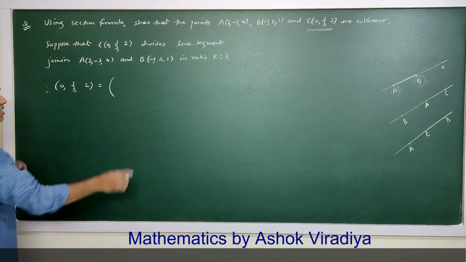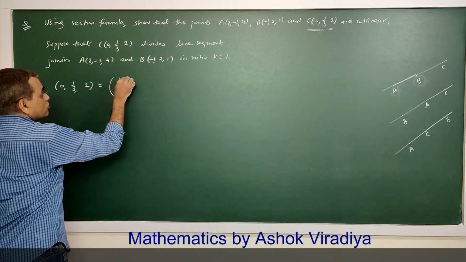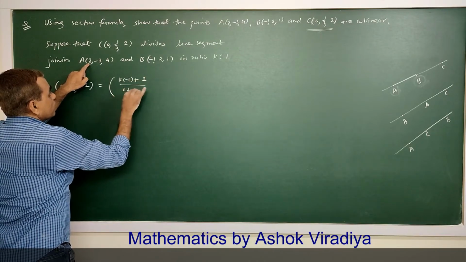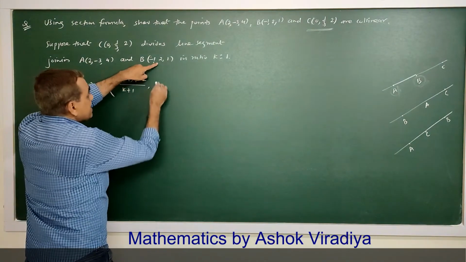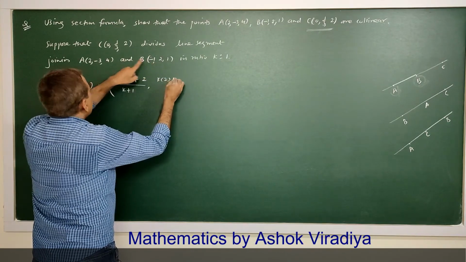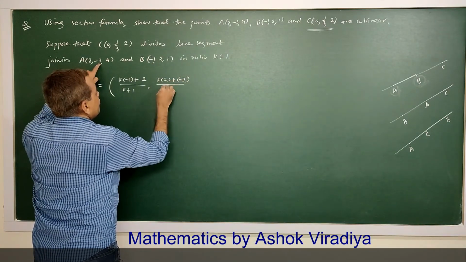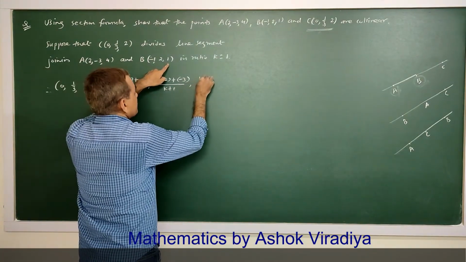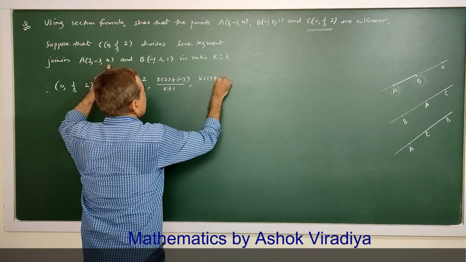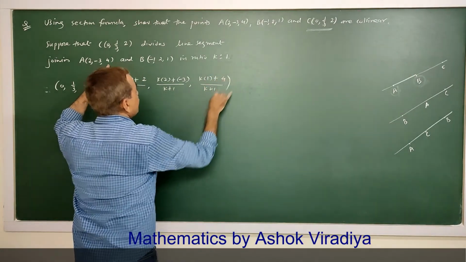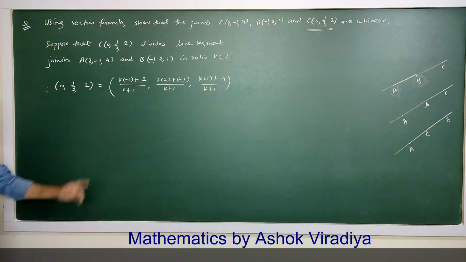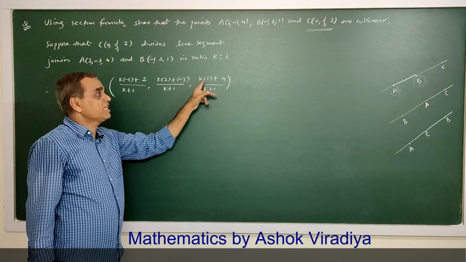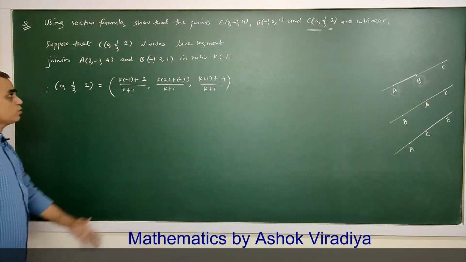So by formula, (kx2 plus x1 upon k plus 1, ky2 plus y1 upon k plus 1, kz2 plus z1 upon k plus 1).